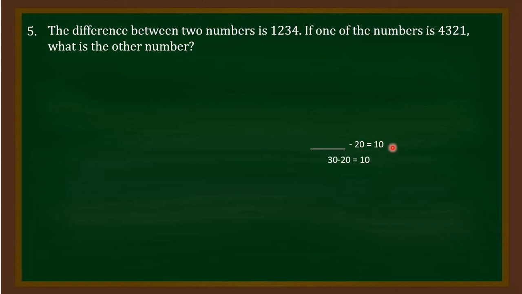Yes, you will subtract 20 from 30 to get 10. Or you may say that you will add the number of marbles your friend had to the difference and find out how many total marbles you have. Isn't it? Or you may say that you will add the subtrahend to the difference to find out the minuend.